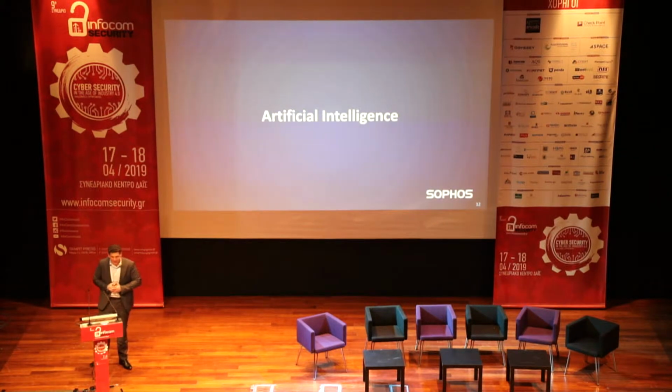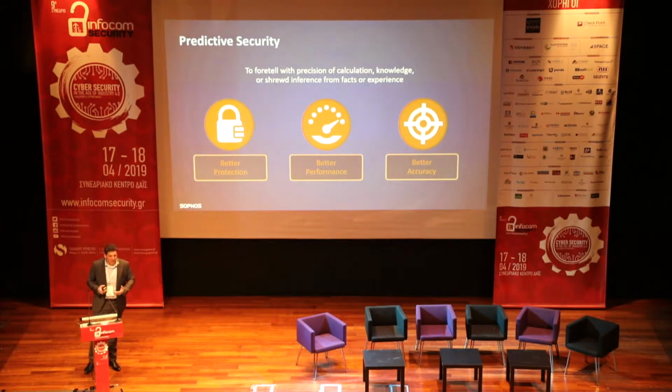Every vendor claims to be using artificial intelligence, so here are just a few slides giving you an idea why we should use artificial intelligence and how we are using it in our products. First of all, we want to have predictive security, and we need it to stay safe. We have seen just before me, from the colleague who presented, how many threats we are facing: 100,000 new malware variants every day.